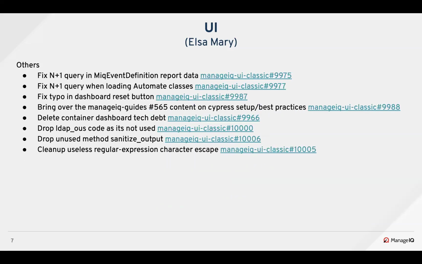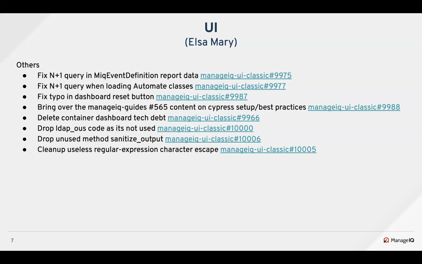And for others, we also had some performance improvements. N+1 query problems were solved in the MIQ event definition report data and also by loading automate classes. And a typo was fixed in the dashboard reset button. And the next one is a PR to improve the Cypress documentation.